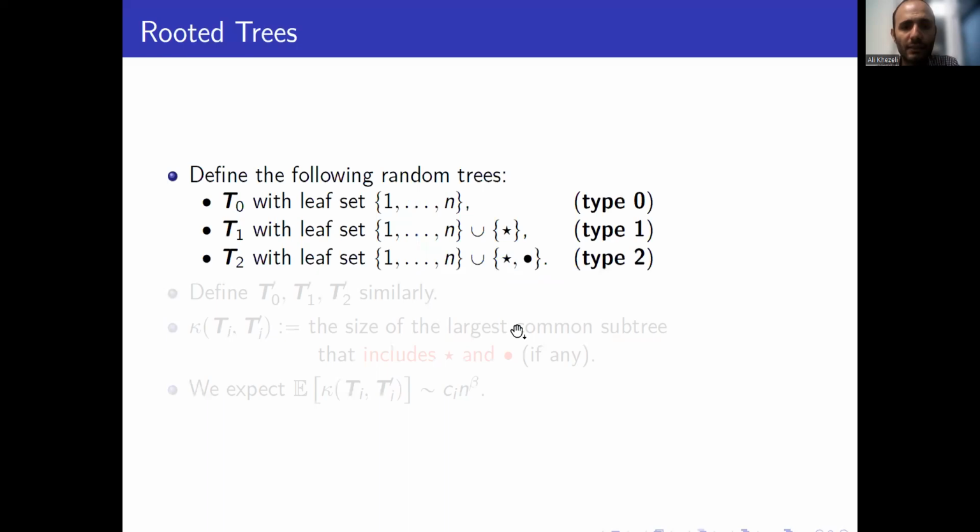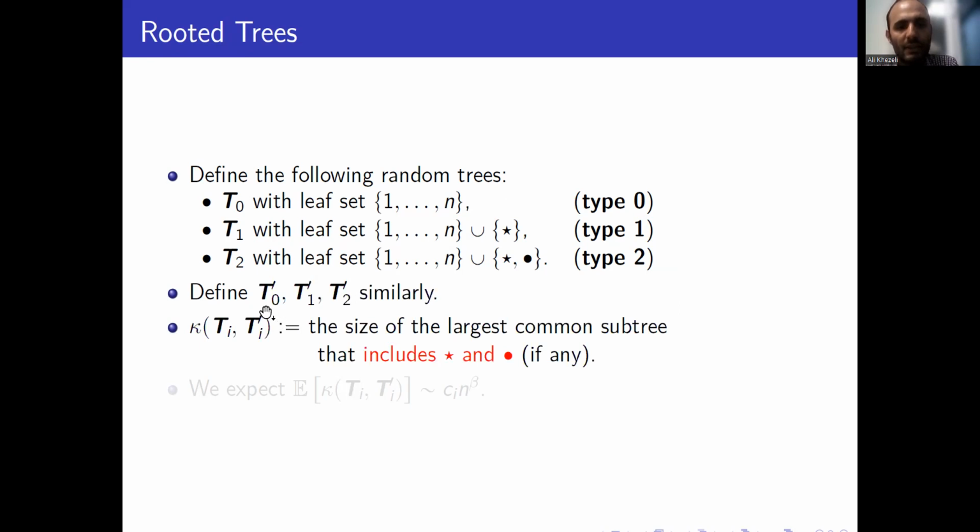So here is the more formal algorithm. We give an algorithm. In fact, we give 3 algorithms. One is for trees with no special leaf, one is for trees with 1 special leaf, and one is for trees with 2 special leaves. I call them T0, T1, and T2. The index shows the number of special leaves here. And I say that they are type 0, type 1, and type 2. So construct an independent tree, which can be T prime 0, T prime 1, or T prime 2, similarly.